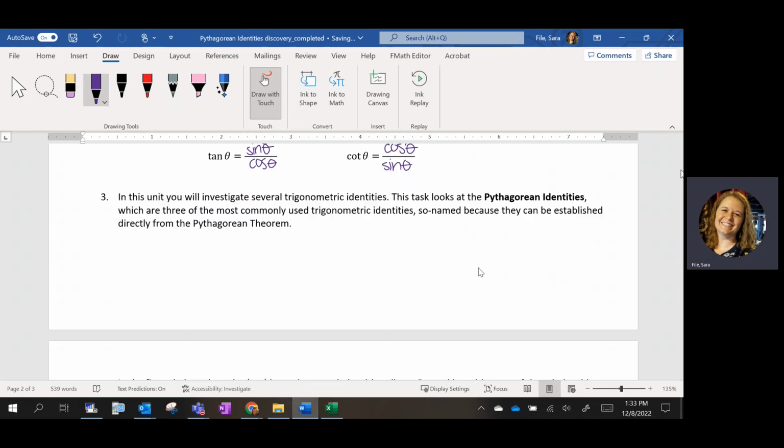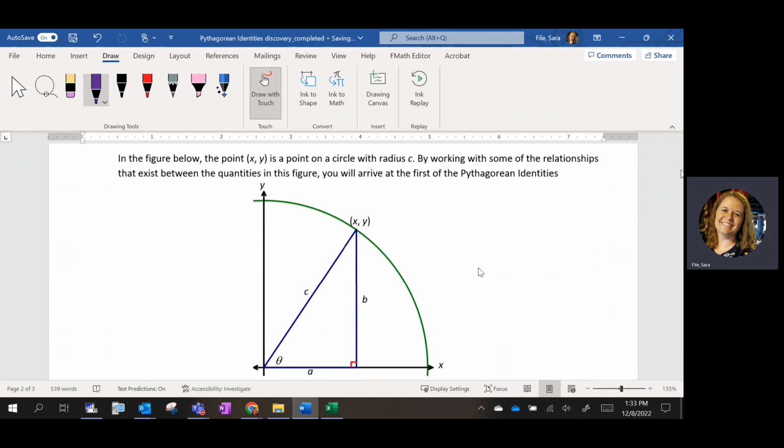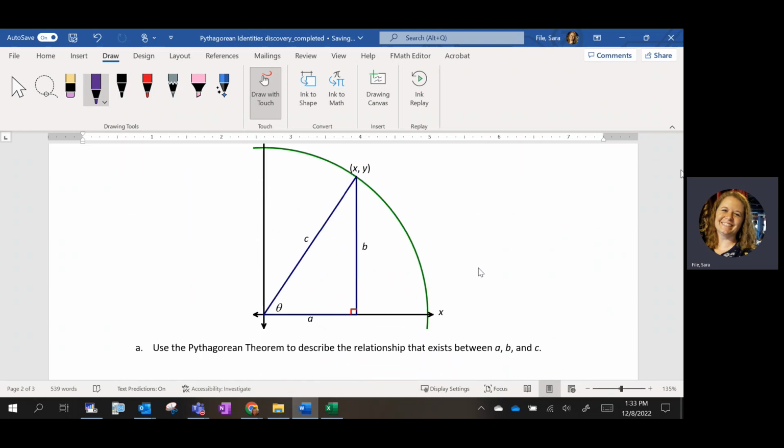All right. Now on 3, they wanted you using Pythagorean theorem and some basic trig knowledge, trig ratios, and making some substitutions to derive our Pythagorean identity. Okay, so if I have a triangle where the legs are A and B, the hypotenuse is C, what is Pythagorean theorem in terms of A, B, and C here?